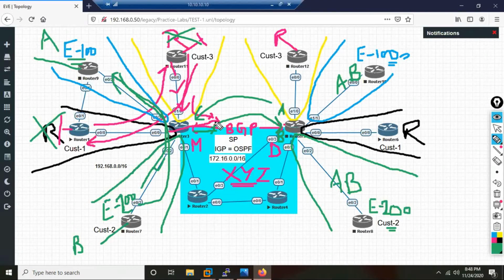Same thing will apply for OSPF also. Even though I have 10 customers running 10 different OSPF, for every customer I use a different process ID on R3, so I receive routes from every customer in a different process. I store them differently. But when I redistribute, I redistribute OSPF process 10, OSPF process 20.